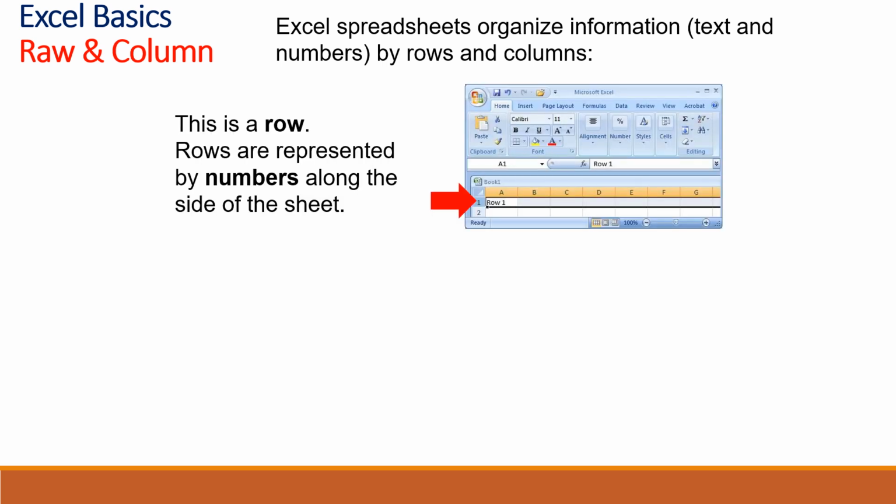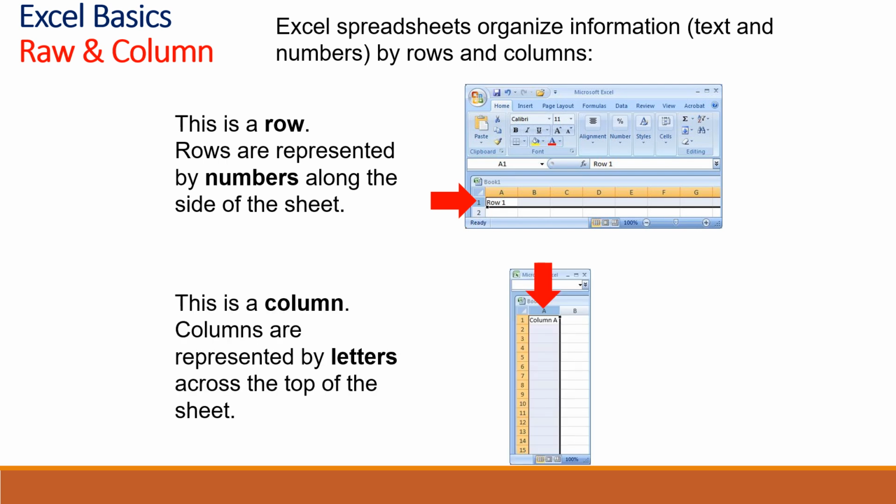Let's take a look at it. This is a row. Rows are represented by numbers along the side of the sheet, and this is a column. Columns are represented by letters across the top of the sheet. This makes up the Excel sheet, rows and columns.